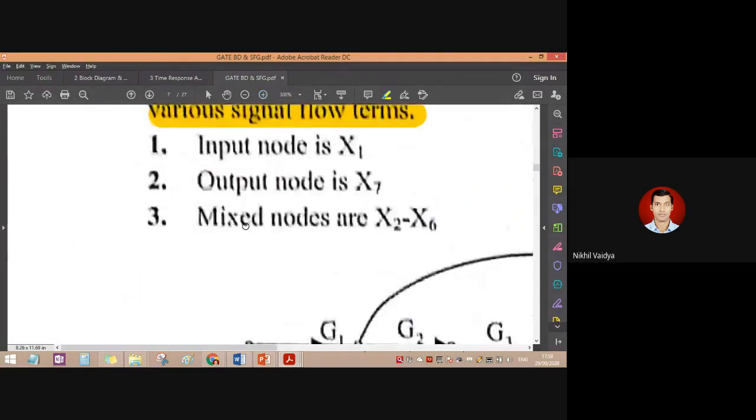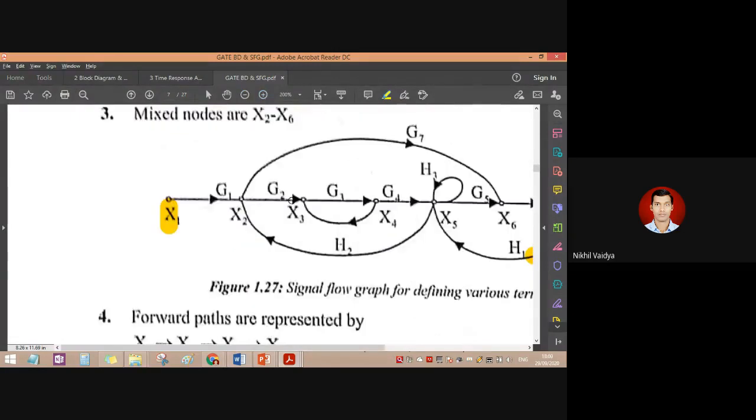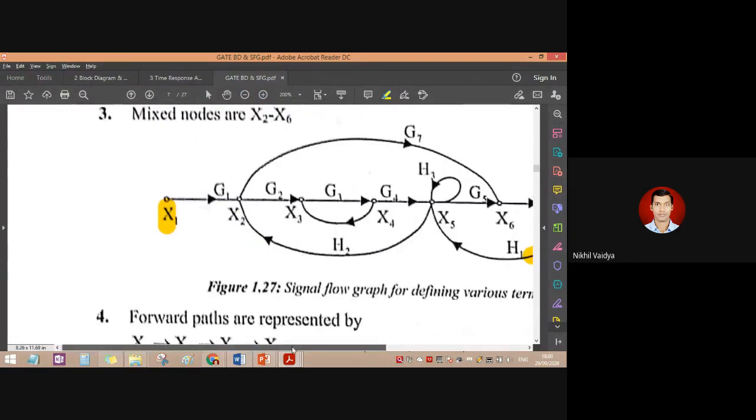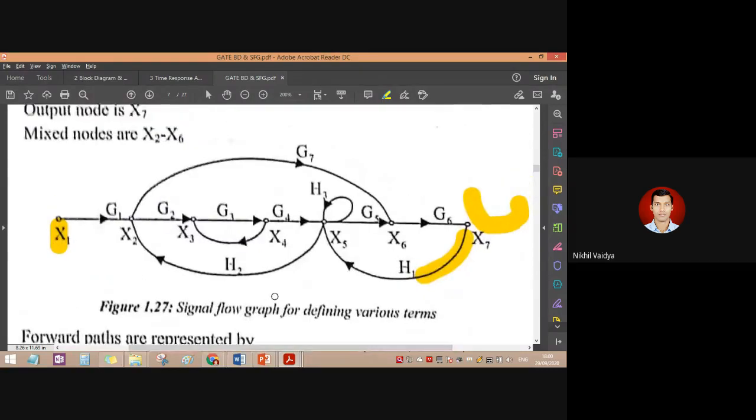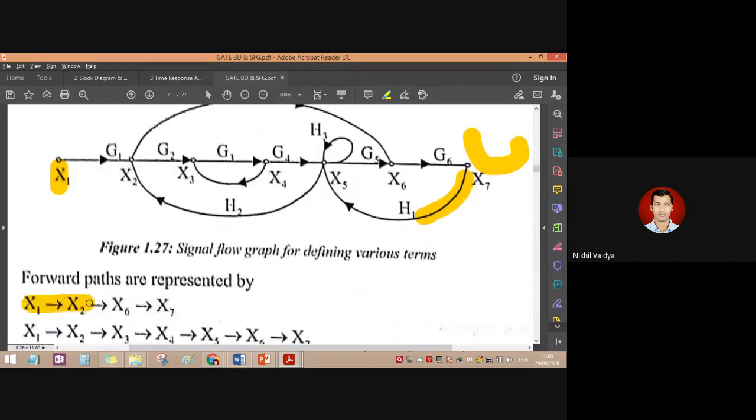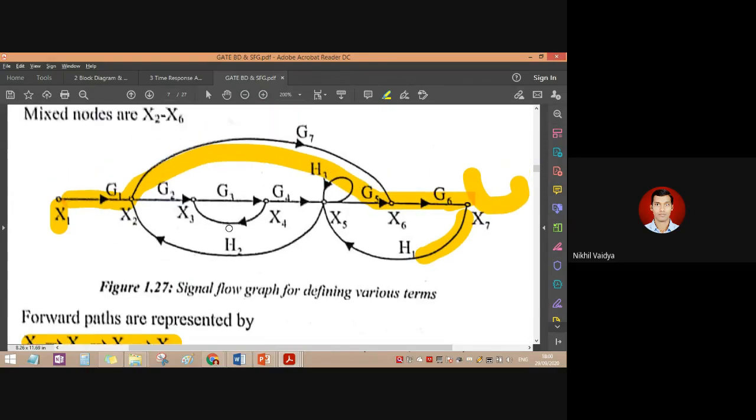Now you have to tell what the forward paths are in this diagram. See the direction of arrows.